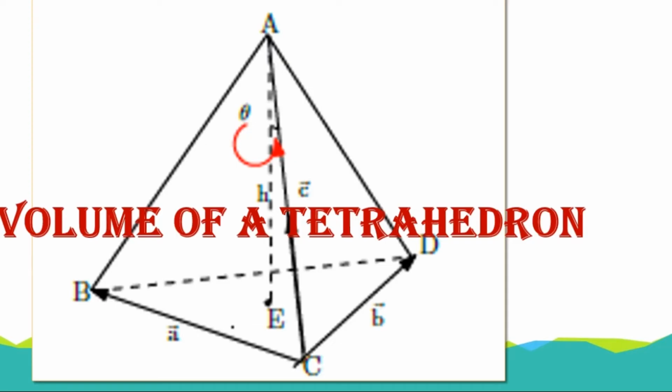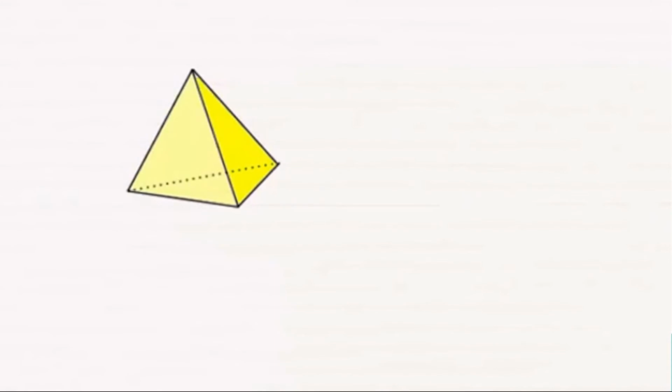Lastly, we look at the volume of a tetrahedron, which is like a prism with a triangular base, or it is called a triangular prism. So consider this tetrahedron with 1, 2, 3, 4 edges and the triangular base.